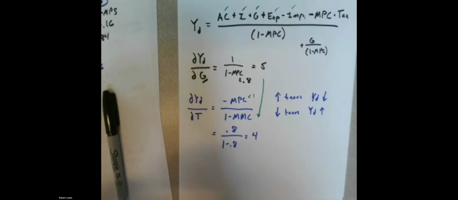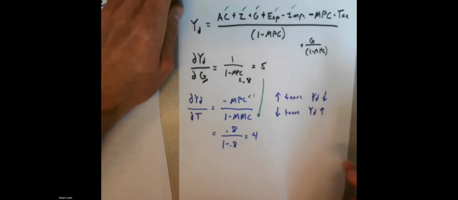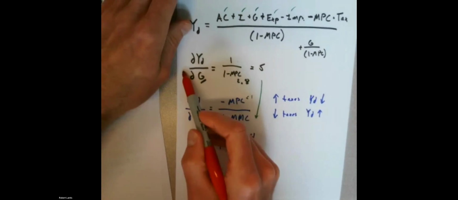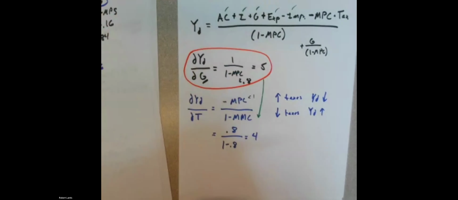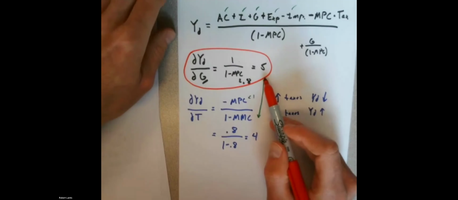Okay. Now, the second part of the question is: what's going to happen to that break-even level of GDP? What would be a change that would cause the same change as that government spending did? So for every $1 we spend on government spending, real GDP, the break-even level, goes up by 5.